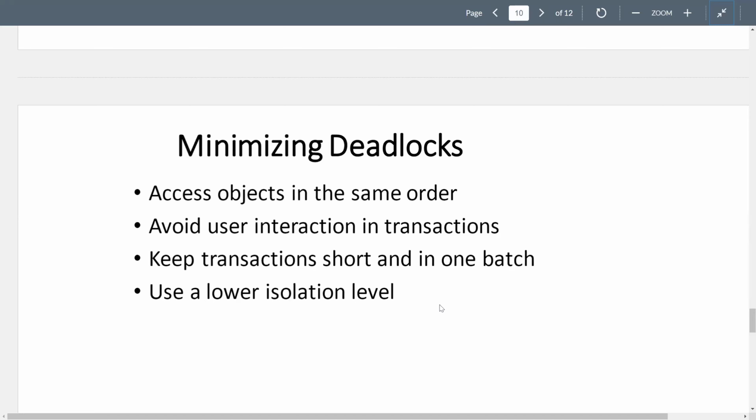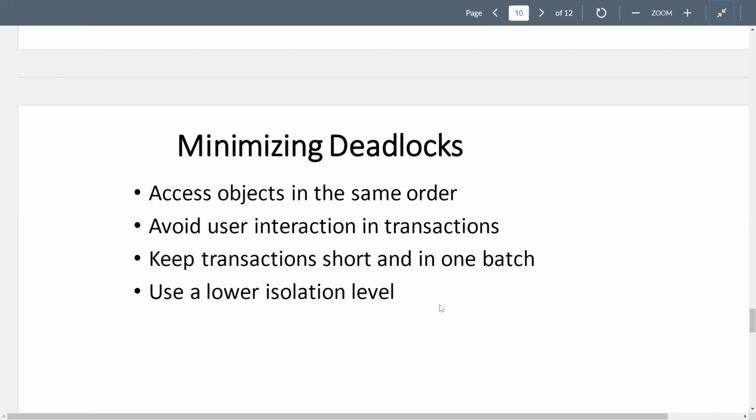For example, if in your code you have 3 different operations which may require 3 different resources to complete, you want to have your code acquire and lock up the resources in the same order. For example, resource 1, 2, 3, right? All of them will request and lock up resource 1 first, 2 next, 3 last.